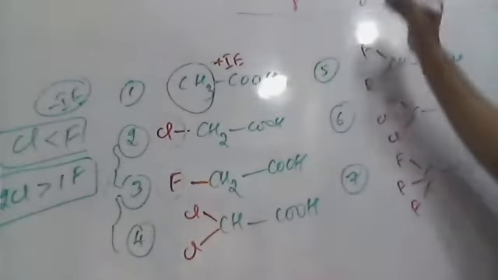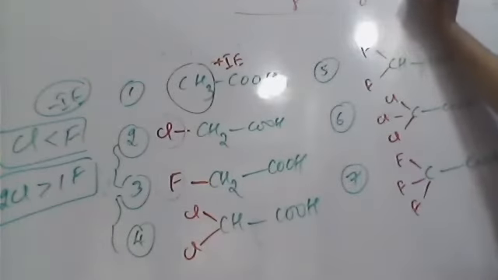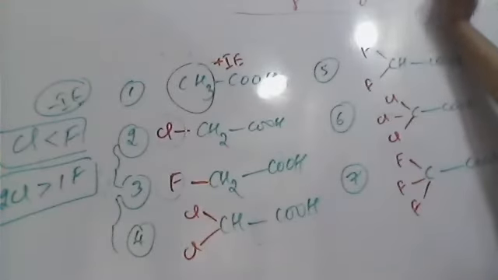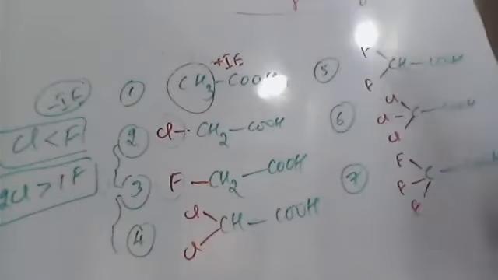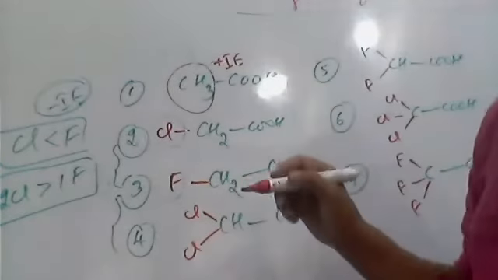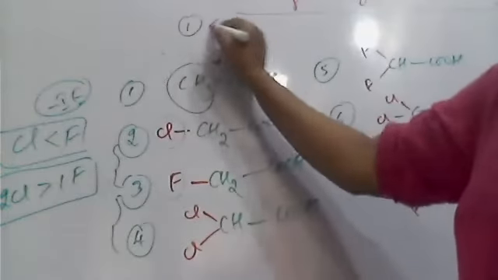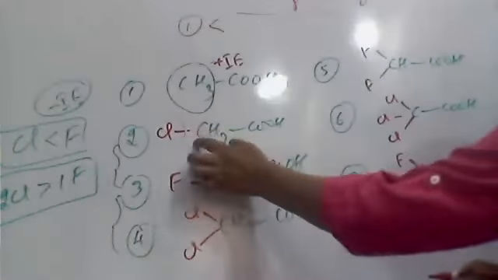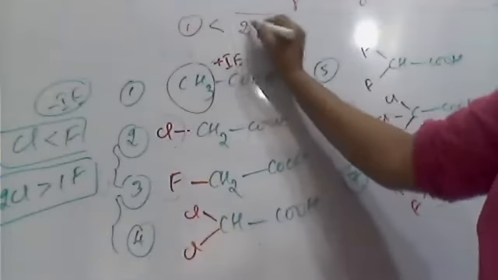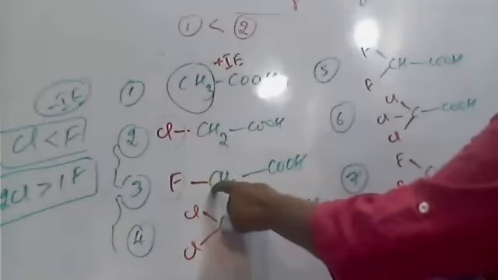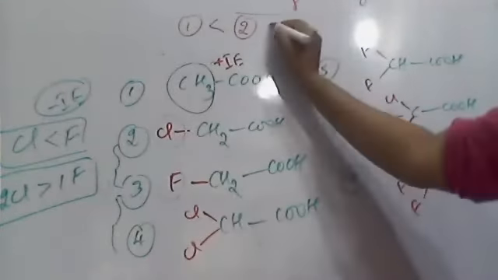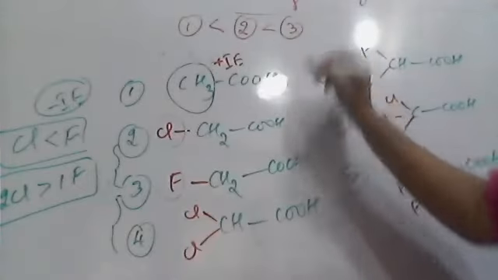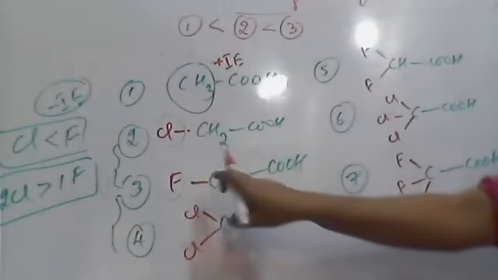As everyone knows, as minus I effect increases, acidic nature increases. So the weakest acid is 1. The next stronger acid is this second one, because of chlorine. Then this third is stronger than the second because of fluorine.